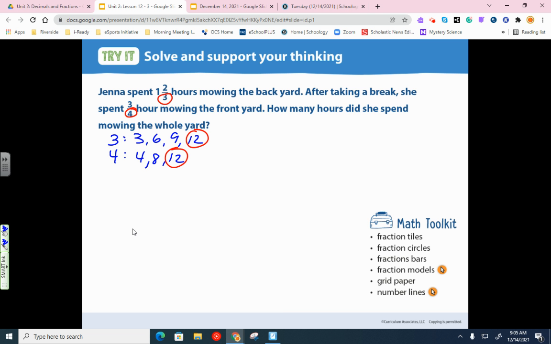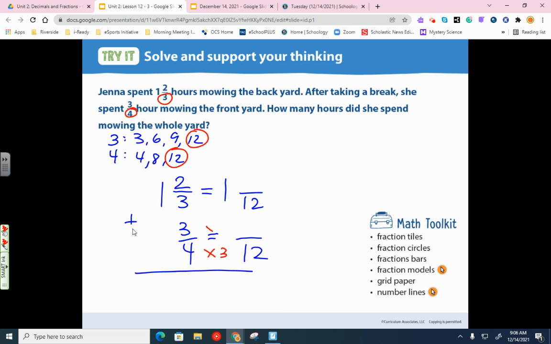Just like yesterday, we set up our problems vertically, and that can help us create equivalent fractions here. So the common denominator is 12. So I'm going to rewrite this with 12 as the denominator. And now I have to figure out how to do this. So let's see, 4 can change to 12 by multiplying by 3. So that gives me 9/12.